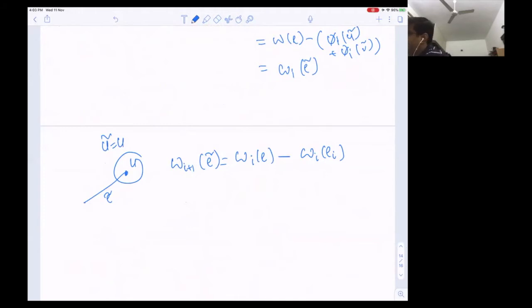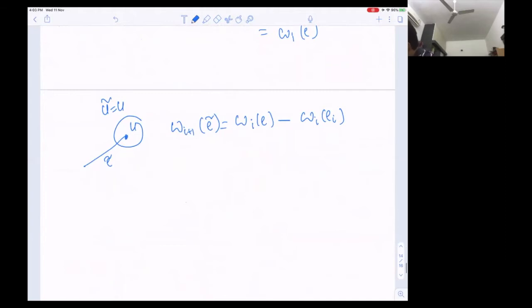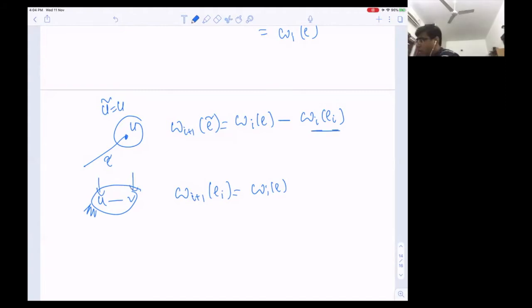Now what happens for the edge UV? The weight I plus 1 of EI is weight I of E, but notice I have also reduced the potential of U by this quantity, and I have also reduced the potential of V by this quantity. In other words, when I look at this edge, it will drop by this quantity.